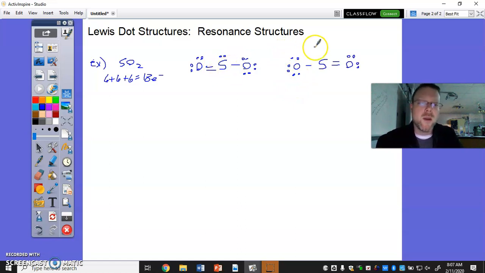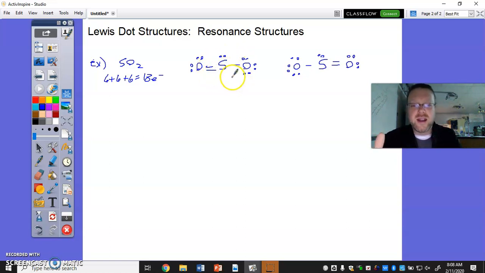If you look, one model is just, I forgot my dots there, one model is just flipped over from the other one. And in reality, neither of these oxygens is any better at pulling on electrons than the other. Both of these bonds in reality are identical. If you use some advanced techniques to measure the length of the bond and the energy of these bonds, you would find that the electrons are spending equal time between both of those.